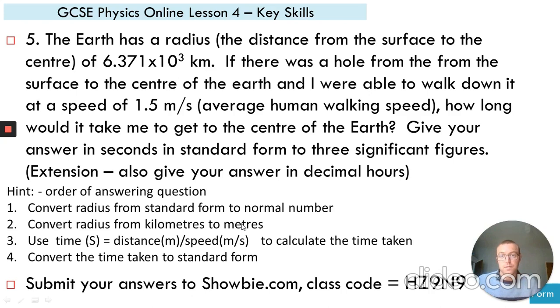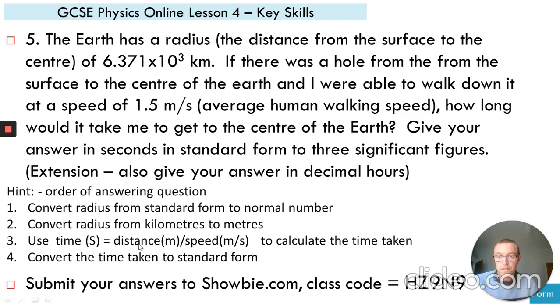Okay? So first of all, convert it from standard form to a normal number, then convert it from kilometres to meters. Then use time in seconds is equal to distance in meters divided by speed in meters per second to calculate the time it would take.